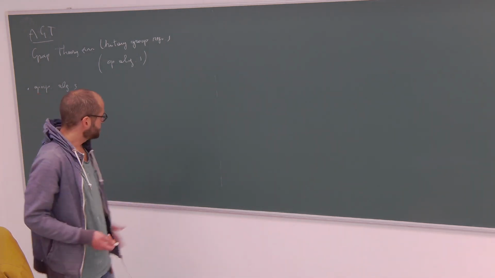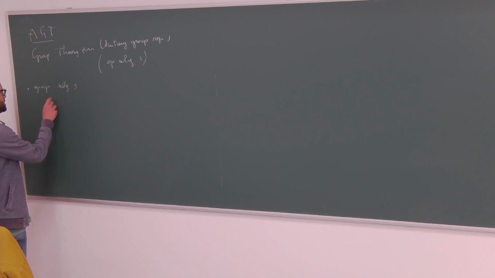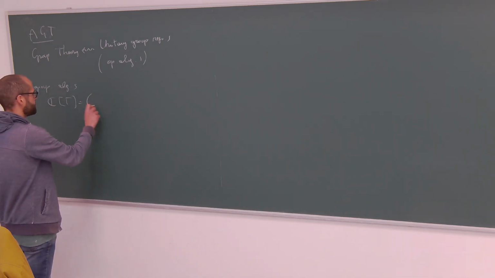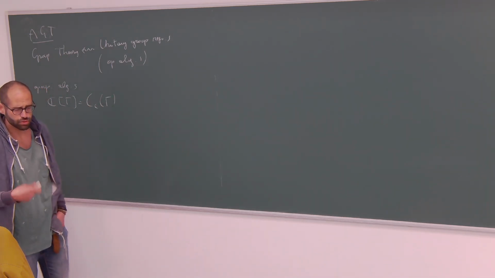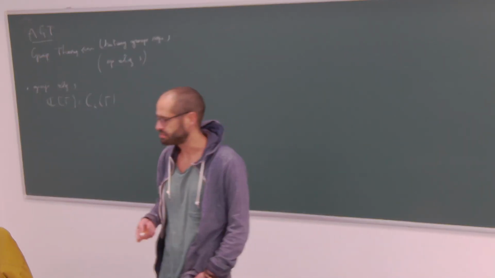So the easiest way to do so is the following. We start with an algebra. Just as a set, this is basically the finitely supported functions on the group. And now we want to give it the structure of an involutive algebra.